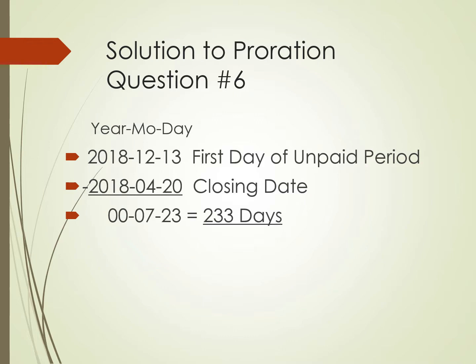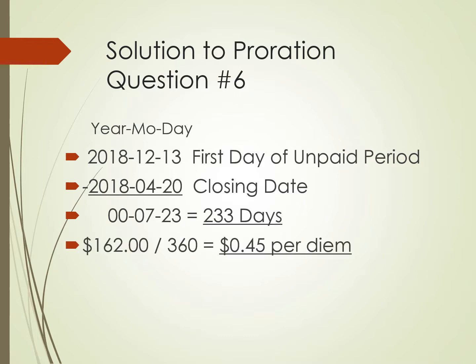We add 30 days to the 13, which is 43 days. 43 days minus 20 days equals 23 days. In the month column, remember we borrowed a month, so that 12 is now an 11. 11 minus 4 is 7. And 2018 minus 2018 is 0, so we end up with 0 years, 7 months, 23 days. 7 months times 30 is 210, plus 23, is 233 days for prorations.